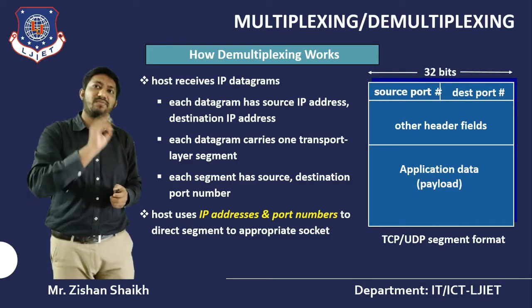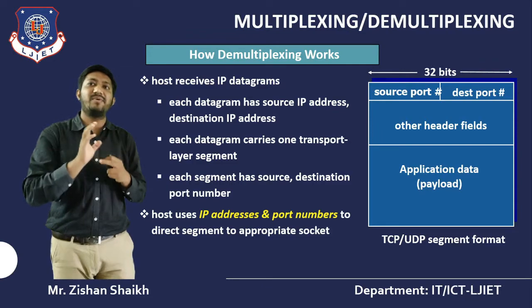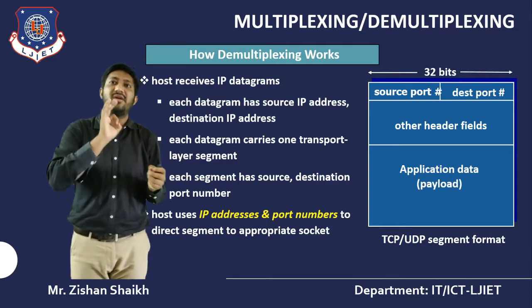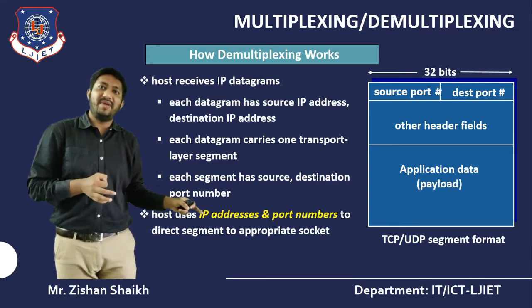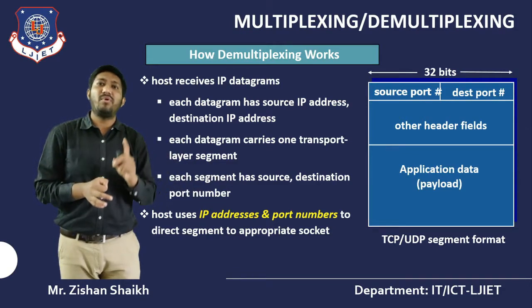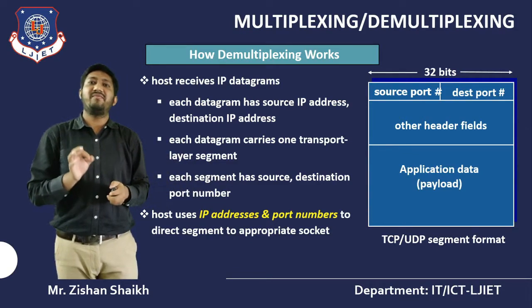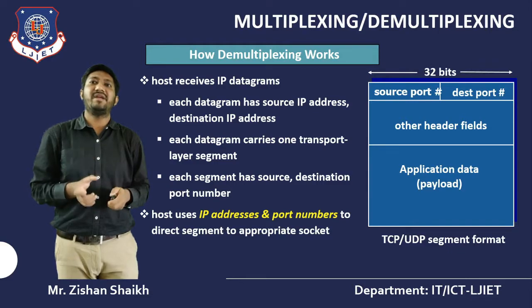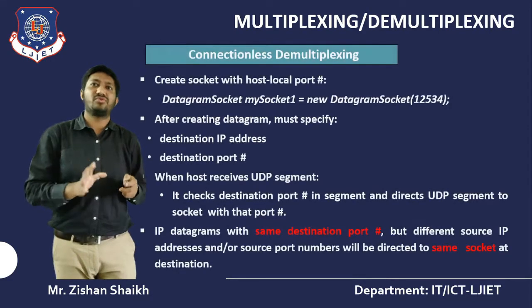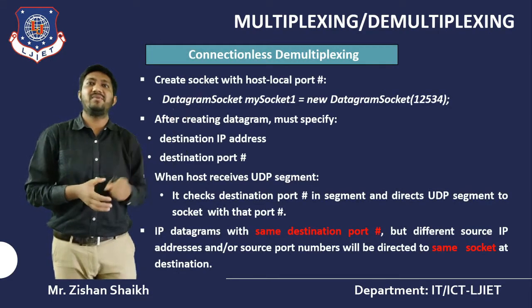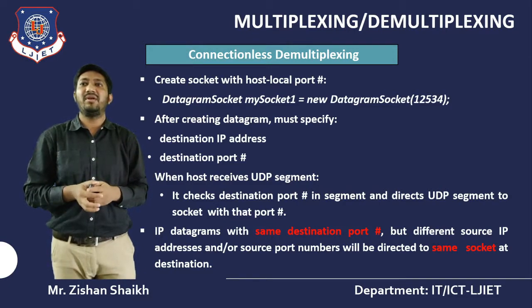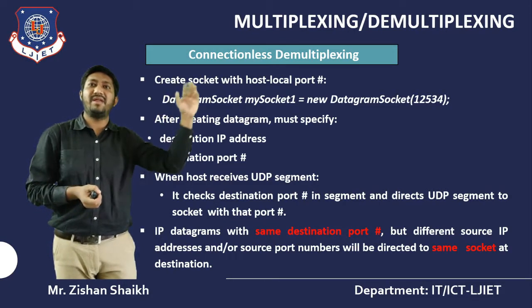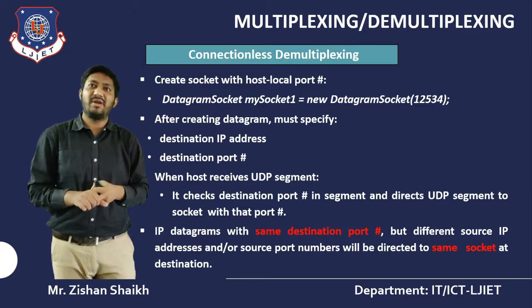For transport layer services, to transfer the data from source to destination, we require the IP address as well as the port number. Then we can appropriately send the data to the dedicated socket. So in a connectionless service, how can I create the data item? For that, practically we use the DatagramSocket class.